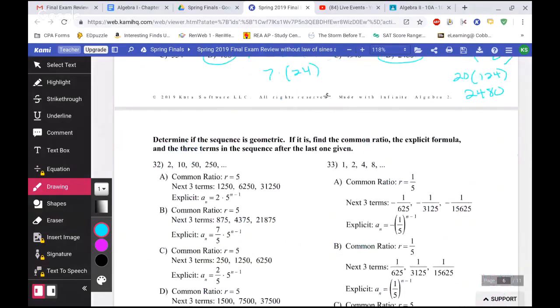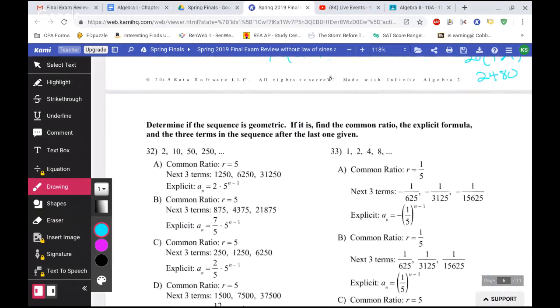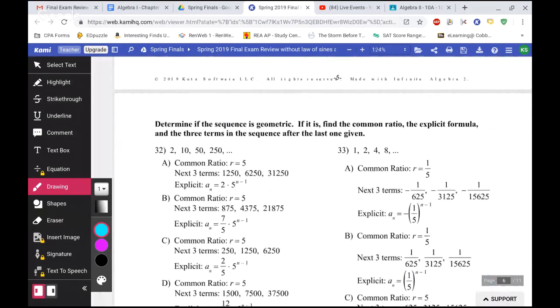All right. Now we're moving on to the geometric sequence. The geometric sequences are going to have a common ratio. Much like finding the common difference, you're going to work with your second to first and your third to second to make sure you're getting the common ratio.